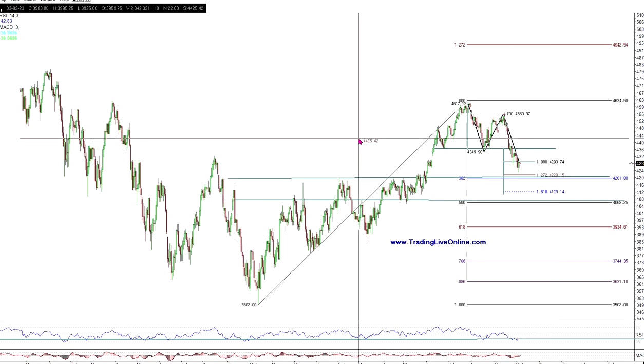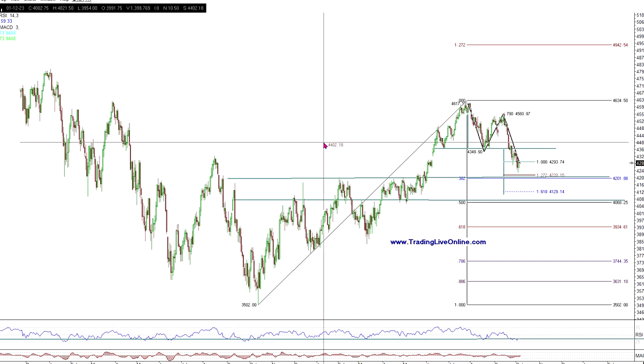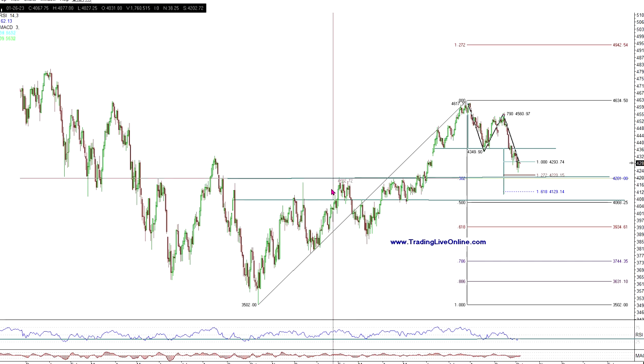And if you remember from the past videos, you can go back and click on one of the recent videos that cover the S&P 500. This 4200 level is a level that it took the market several months to be able to break through. So I'm really watching this level right here, and then down close to this 0.50, which is also in the area of this measured move target and the 1.618 extension.